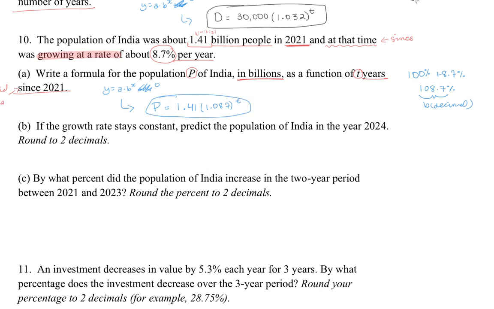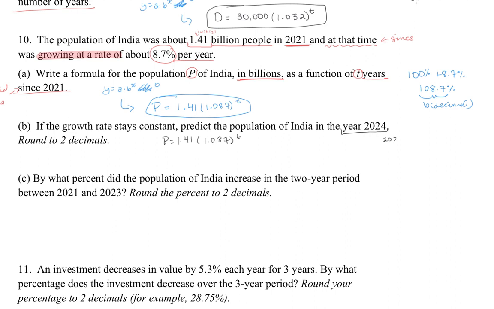So now it says, if the growth rate stays constant, predict the population of India in the year 2024. All that means is, assuming what we assumed in A, what will the population be in the year 2024? So that means we can still use the formula we came up with, right? And we want the year of 2024, right? So T is years since 2021.